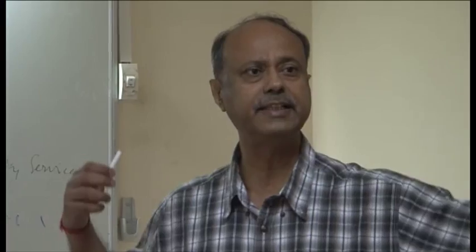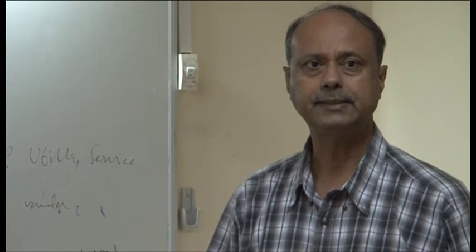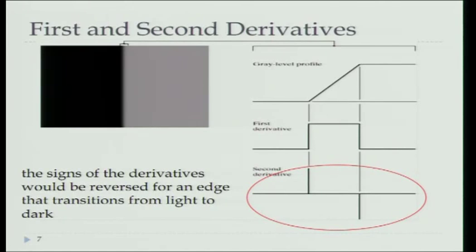As slope is reducing, length is increasing, and as length is increasing, thickness is increasing. Is it clear? So, the blurred edge tends to be thick, while the thin edge indicates a sharp edge.